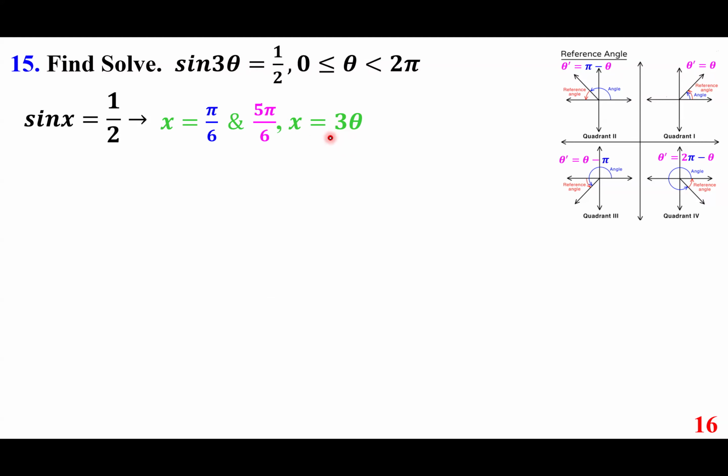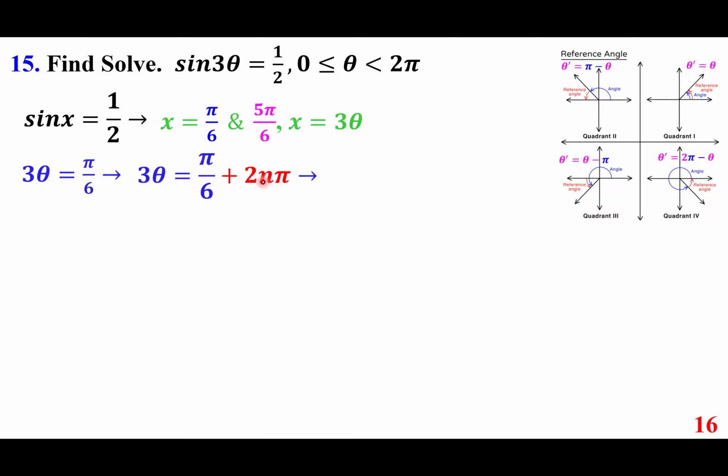Now, 3 theta is pi over 6. How do we handle this from 0 to 2 pi? We write 3 theta is pi over 6 plus 2n pi or 2k pi. And then in order to get to theta, you have to divide by 3. This becomes pi over 18.